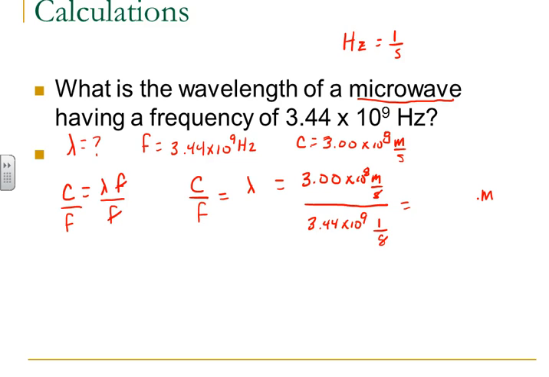So we have 3 times 10 to the 8th divided by 3.44 times 10 to the 9th. That gives us 0.0872 meters.